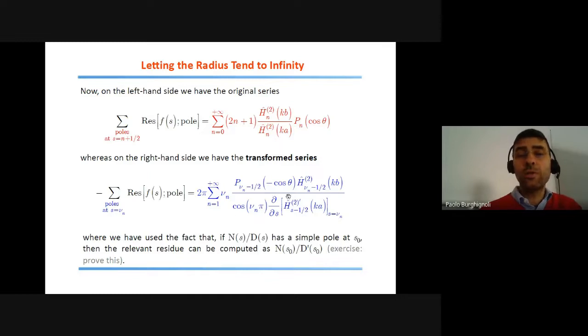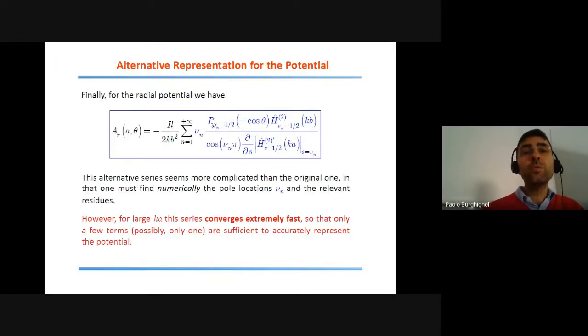So all in all, the residue contribution, as you can see here in the blue expression, is written in terms of functions, in particular of the derivative of the Hankel function, h prime, with respect to s, where now s occurs in its order, so it's a complex order. What we have obtained finally, reported here in the box, is an alternative representation for the total potential.